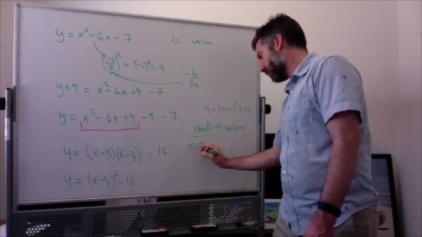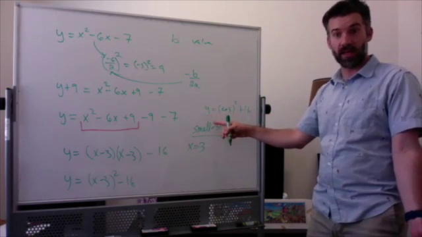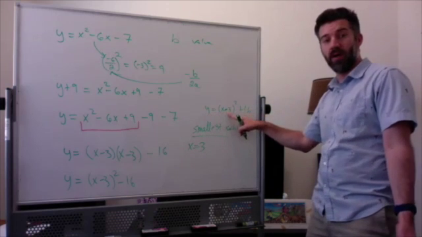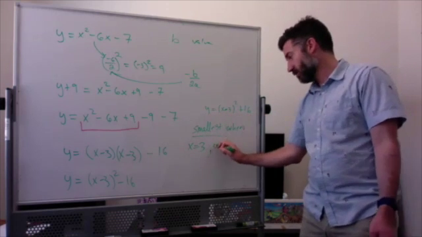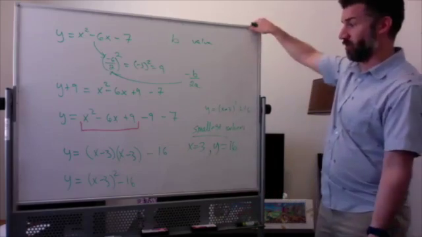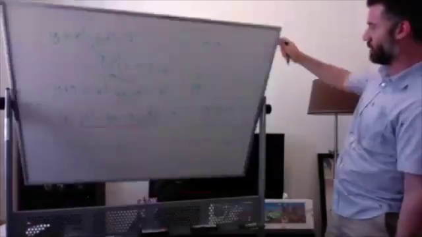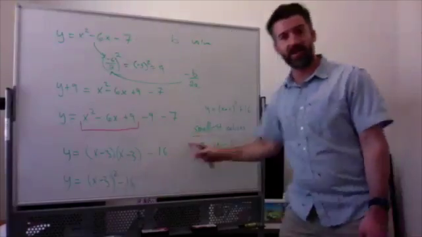So the smallest value is when x is equal to 3, and y is equal to, if I plug in 3, 3 minus 3 is 0, and 0 plus 16 is 16. And that's exactly the vertex, right? If you look back to the other side of things, oops, I did make a mistake. Sorry, my minus sign turned into a plus sign.